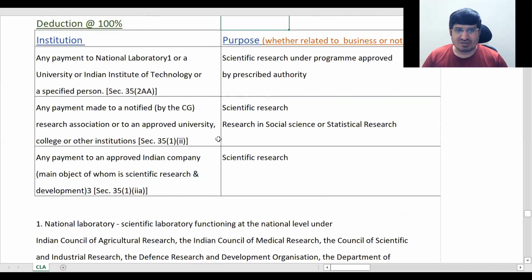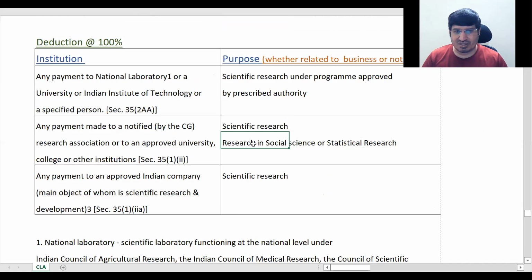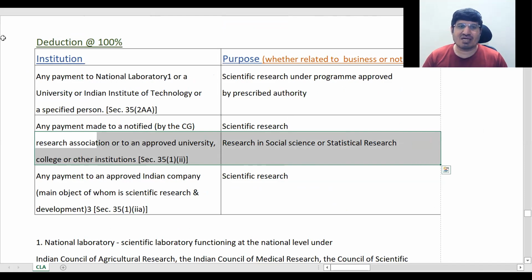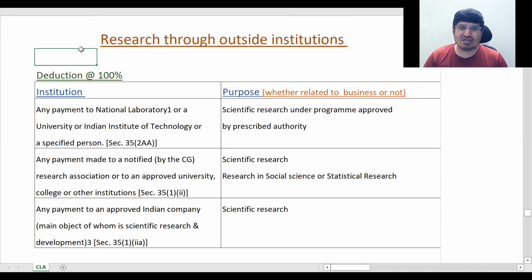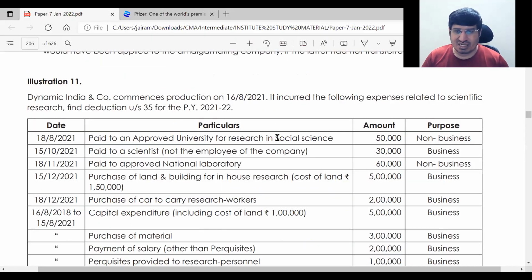See here, this one, social science. Okay, paid to approved university. This one is okay, 100% deduction. ठीक है. So one is done, ये full है.